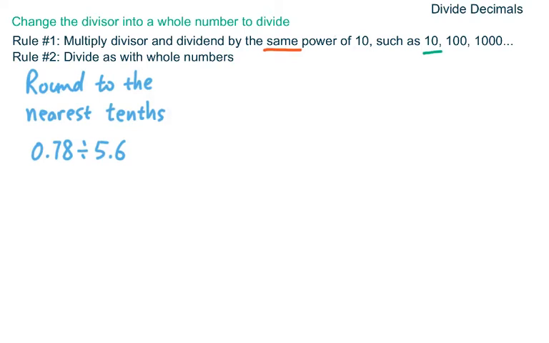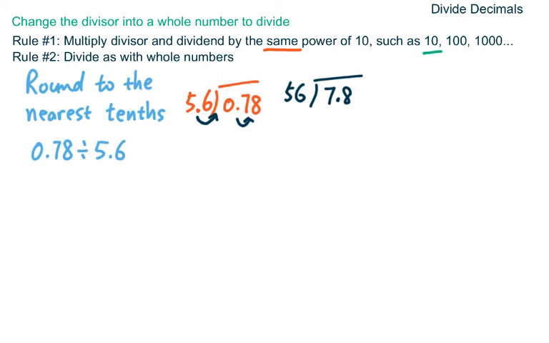And I'm going to show you using long division. 0.78 stays inside, 5.6 stays outside. And basically we are moving the decimal point one place to the right. So essentially we are dividing 7.8 by 56.